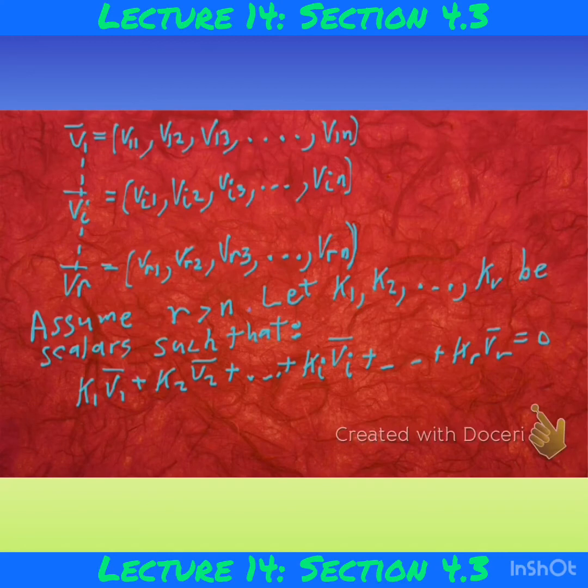All right, so now I'm going to take V1 and substitute it in there. Then I'm going to do that for all the V's. I'm going to take Vi and substitute it in there, and then take Vr and substitute it in there.